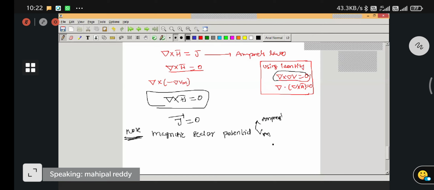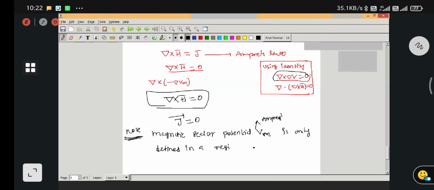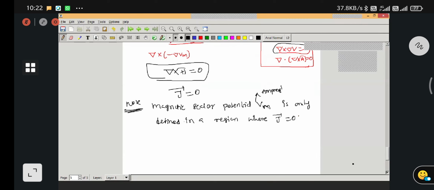Vm is only defined in a region where J equal to 0. Just keep it in your notebook as a note point.